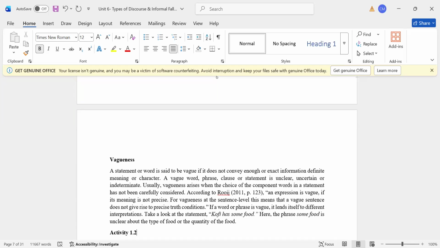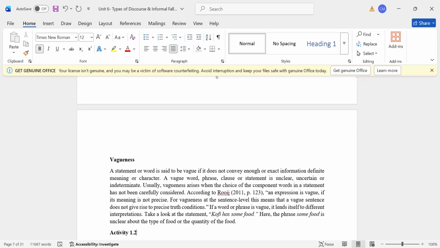Grammatically, the sentence is 100% correct, but the sentence is vague. Why is it vague? There's one word in the sentence that is not giving us the definite time I will leave the class.